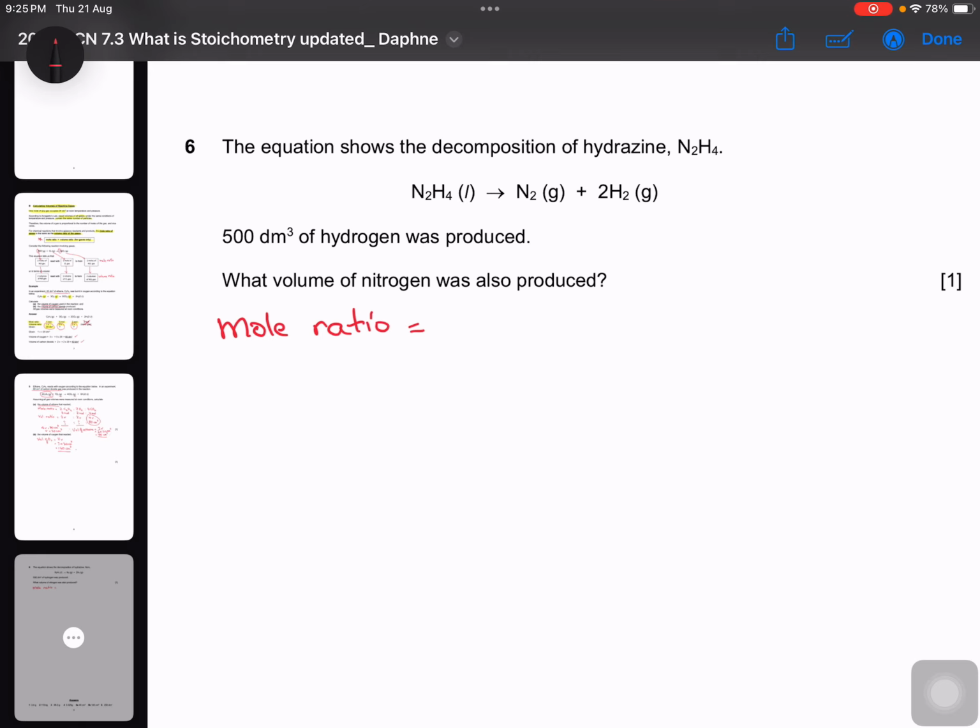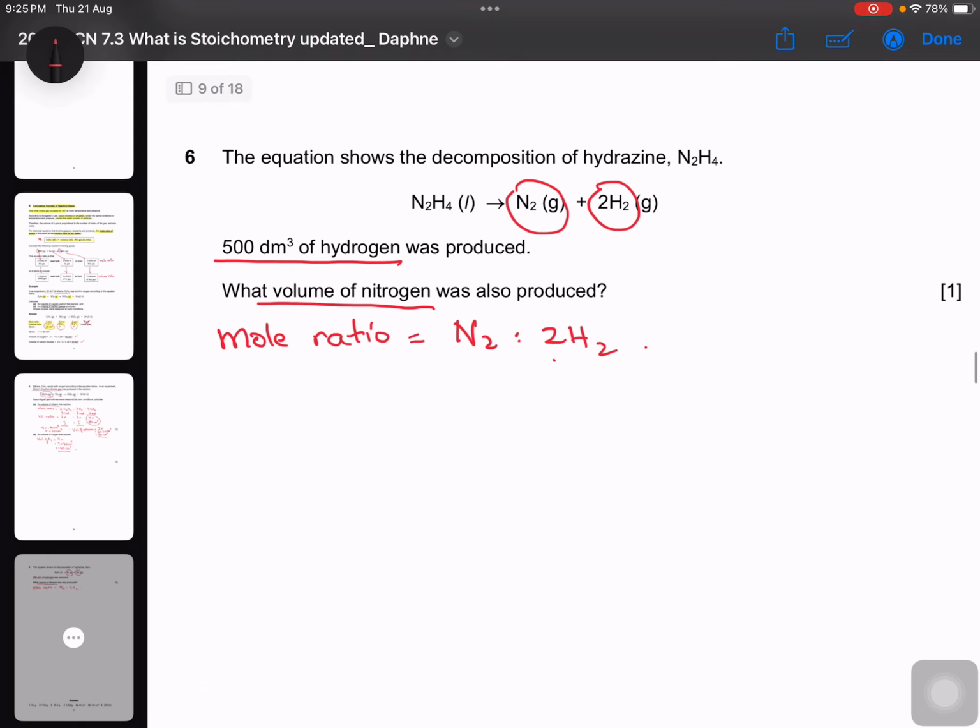So, the mole ratio will be N2 is to 2H2, because we are given hydrogen. Hydrogen is this one, and the question asks what volume of nitrogen. Nitrogen is this one. So we take the ratio of these two things and substitute in the 500 dm cube.